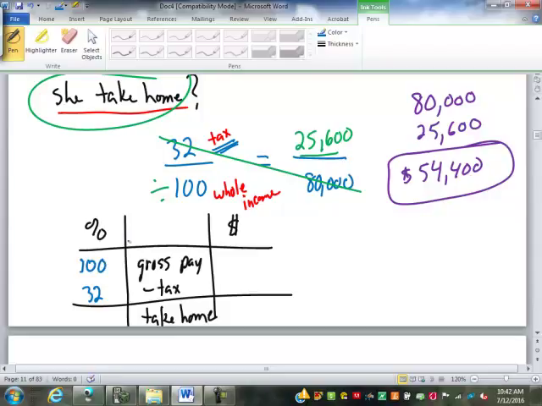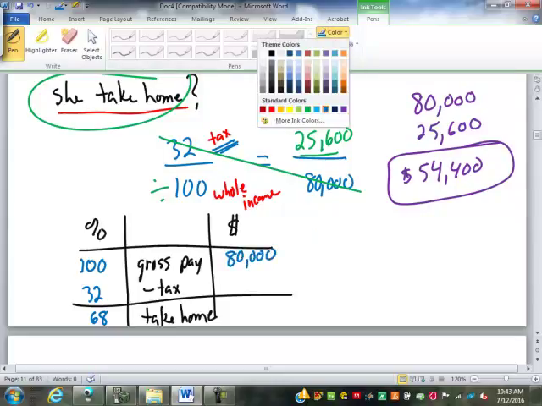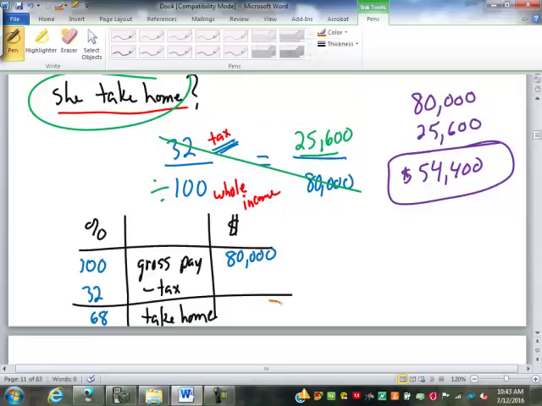The 100 represents the total, or the gross pay. So 100 minus 32 is 68. The take-home pay represents 68%. $80,000 represents the gross. So in this case, we're looking for this number here. So I'm going to ignore this middle row and calculate cross-multiplying here. 68 times 80,000 divided by 100 gives you 54,400.